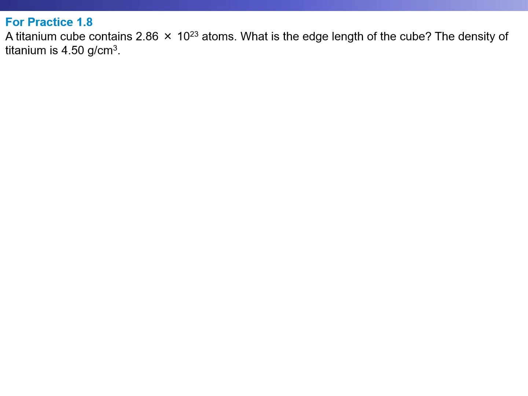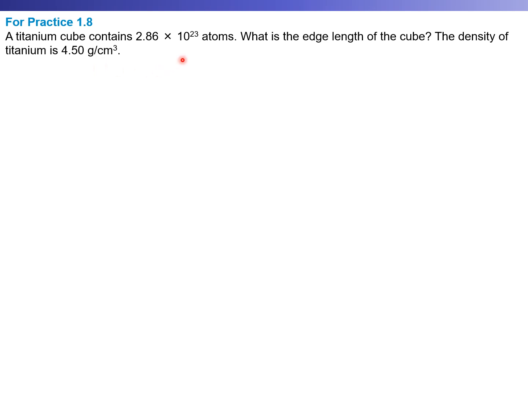I know it sounds like an undoable task, but trust me, it can be done. And of course, they're giving us a wonderful hint right here, telling us what the density of titanium is, because that will allow us to correlate the grams with the volume in that cube. The cubic centimeters is a volume measurement.